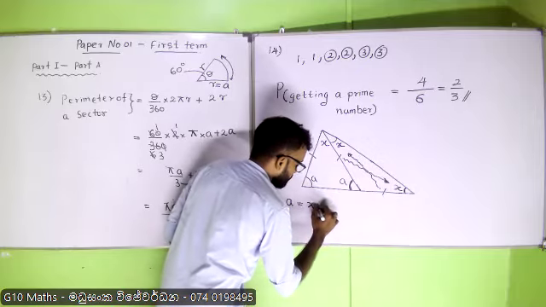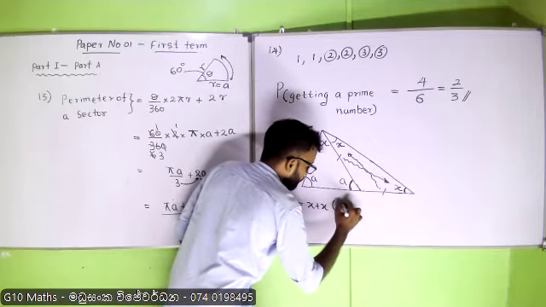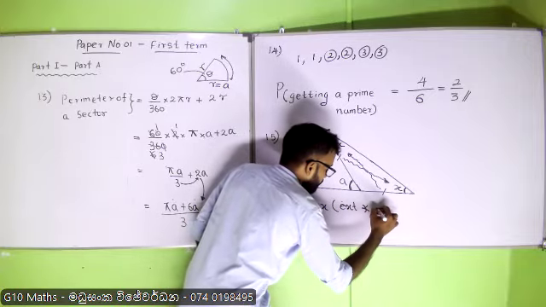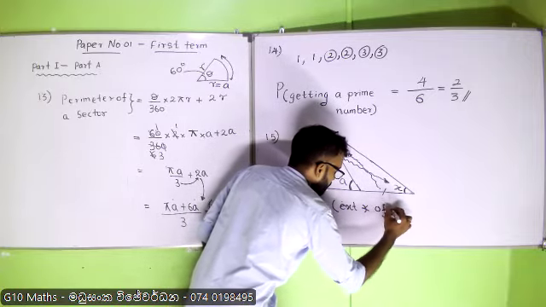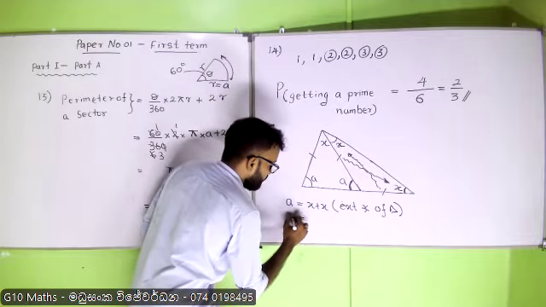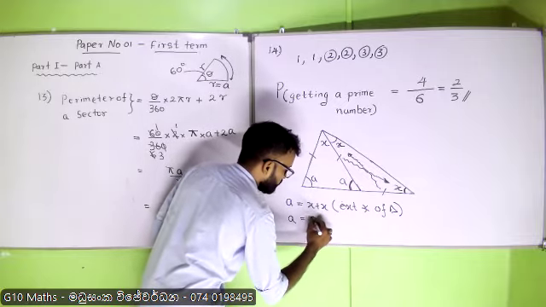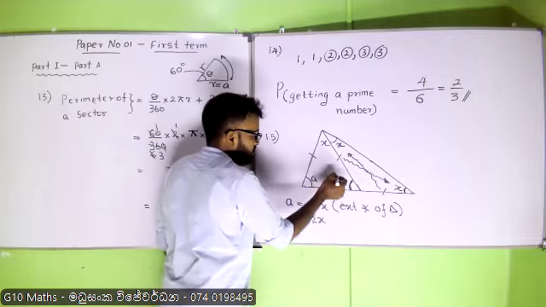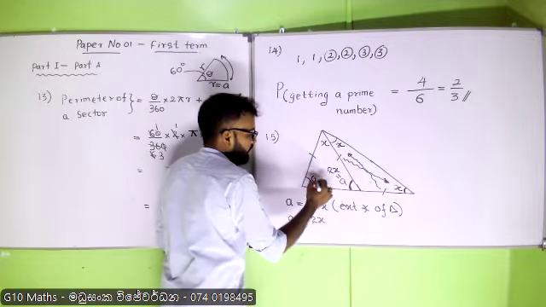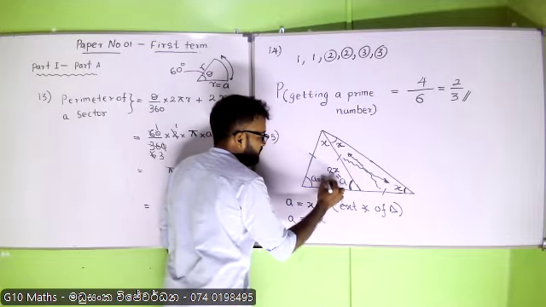So x plus x. The reason is exterior angle of a triangle. Right? x plus x is 2x. So A is equal to 2x. Then definitely this should be equal to 2x as well.